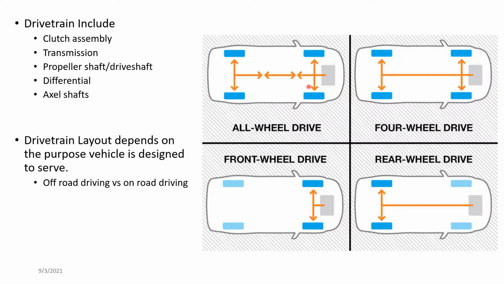You just have to understand there are different types of layouts. Each layout is good at different applications. I didn't say the four-wheel drive system is very good at very difficult terrains and off-road situations, but it is very good at hard, off-road terrain. The all-wheel drive system is very good if you want to travel fast on a loose surface, like a gravel road.